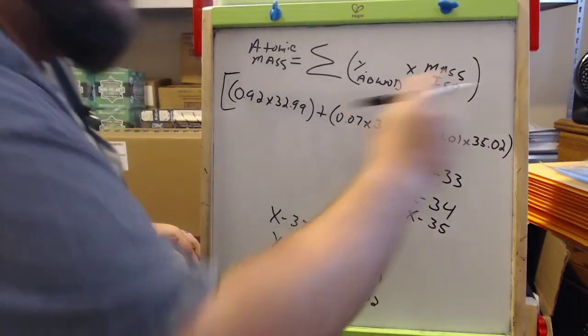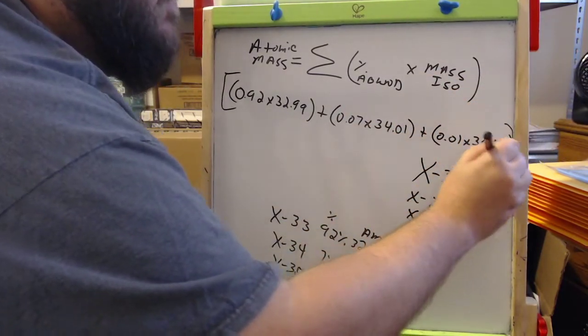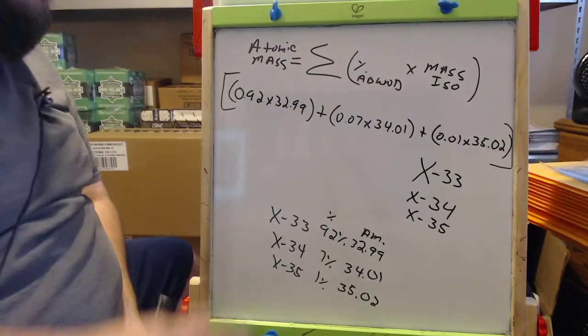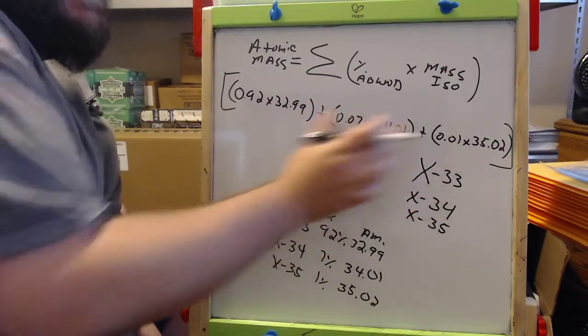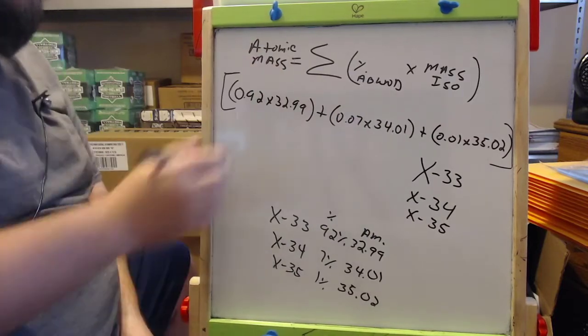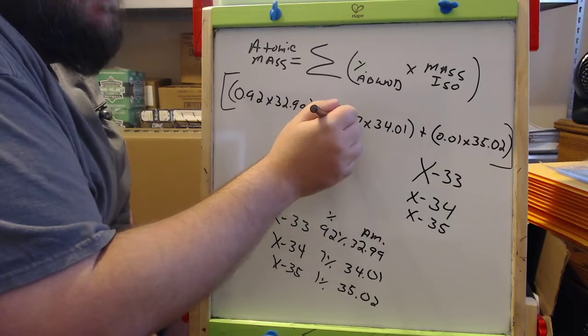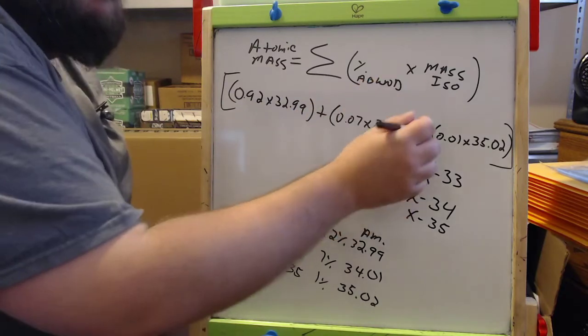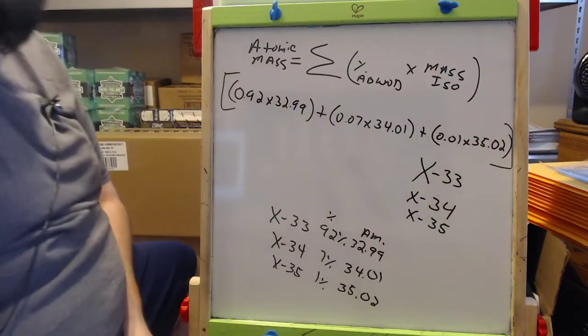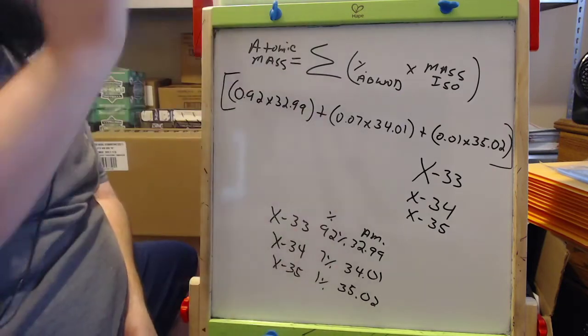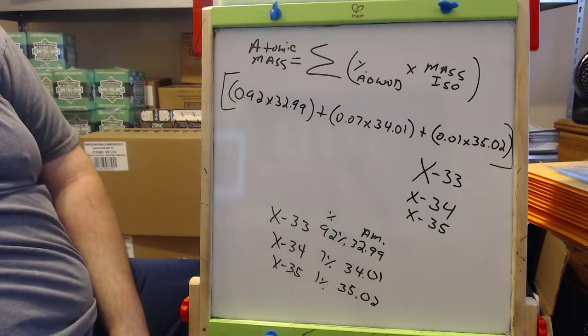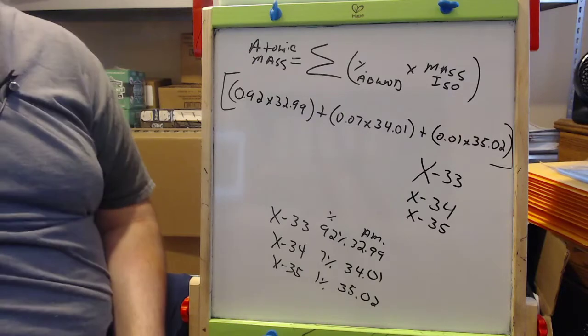And if I had more, I would keep this going until I added them all up. Whatever this equals is what the atomic mass is. So I take 0.92 times 32.99, 0.07 times 34.01, 0.01 times 35.02, and add them all up, and that would be the atomic mass of the element in question.